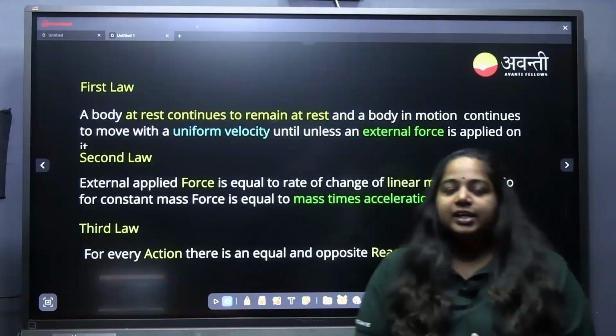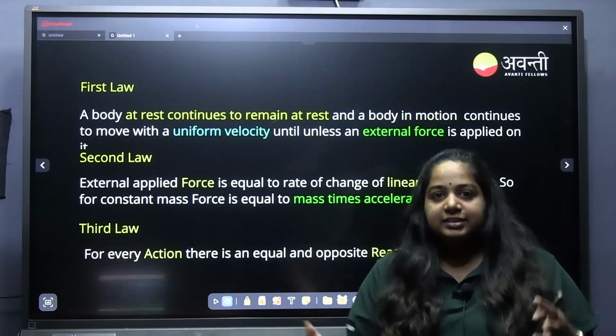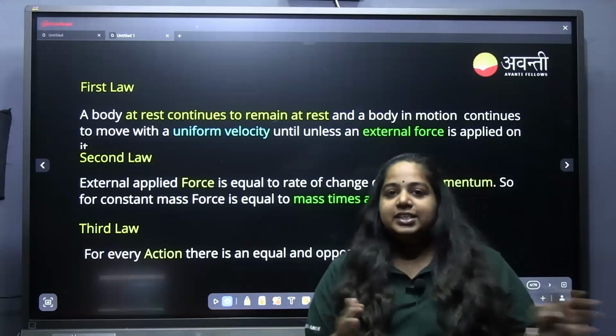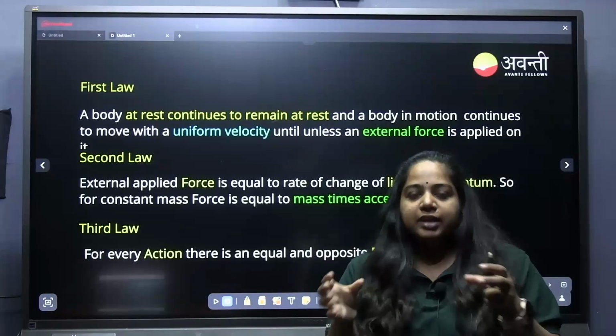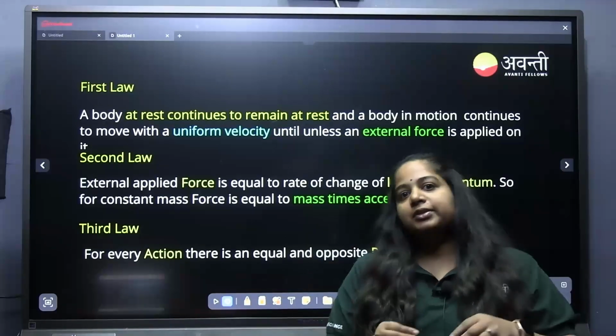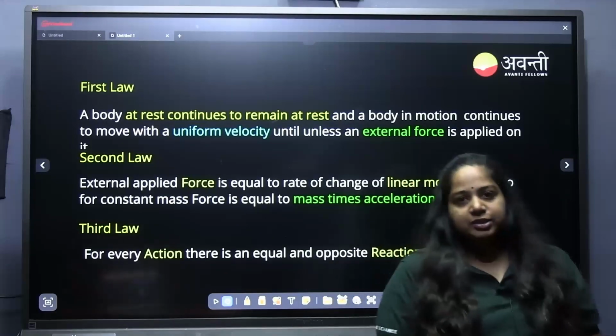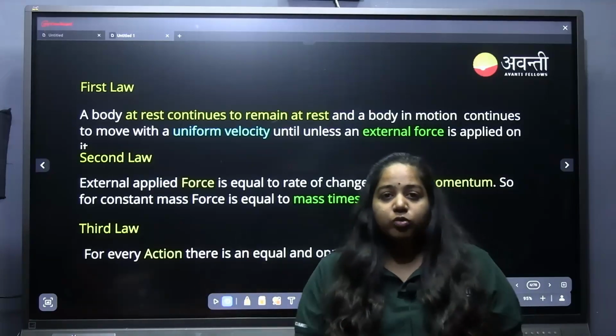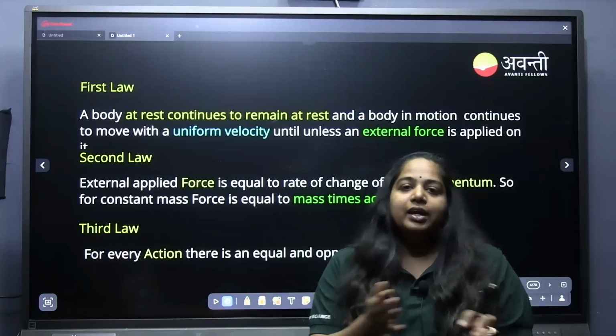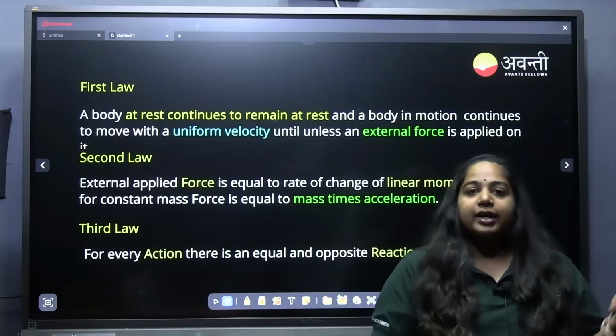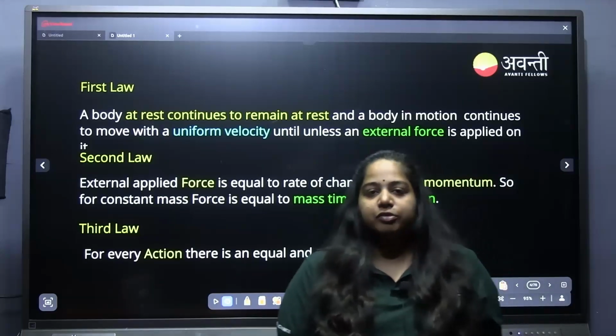If something is kept on a table, it will sit there until an external force is applied, or if something is moving with a uniform velocity, it will continue to move until an external force is applied.